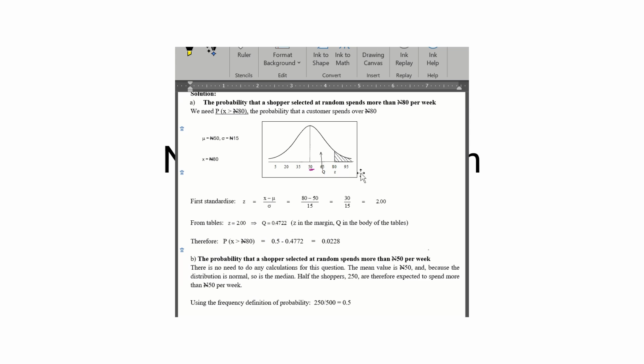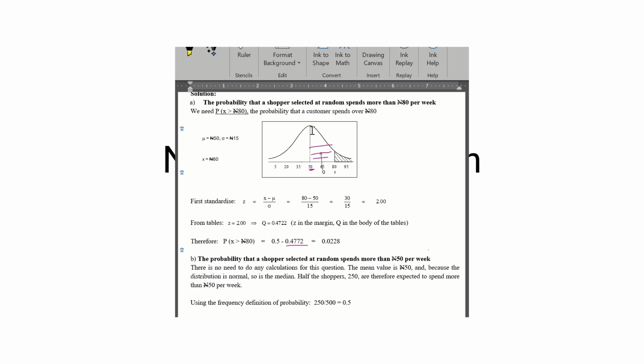The probability there is 0.4772, but what we are actually looking for is the one that is above 80, not between 50 and 80. And even if we were looking for between 50 and 80, it should just be this place, and the answer will just be this directly. But because it is above 80 that we are looking for, it will be this shaded area. So how do you get that?